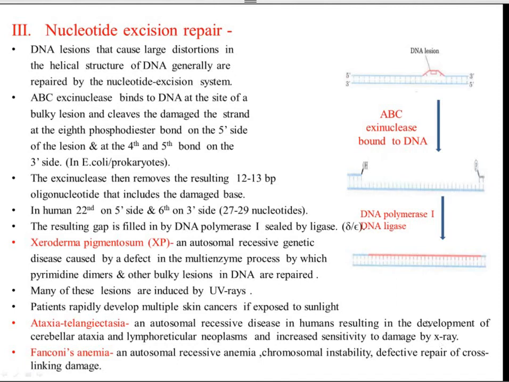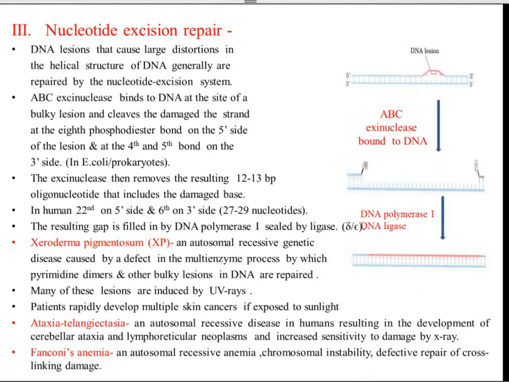Now, this is not exactly a defect in repair enzymes, but because the repair enzymes are also involved in other mechanisms, for example in the transcription process and in the cell cycle process, together the person will become sensitive to damage by X-rays.